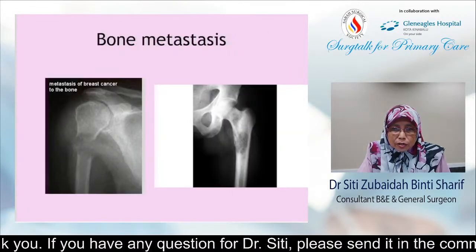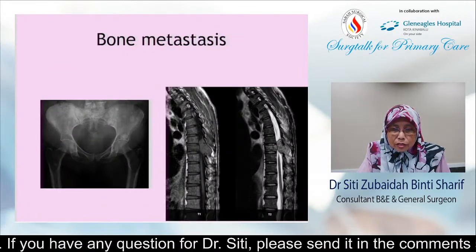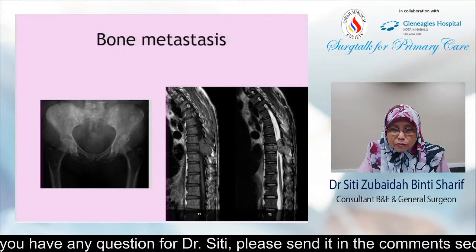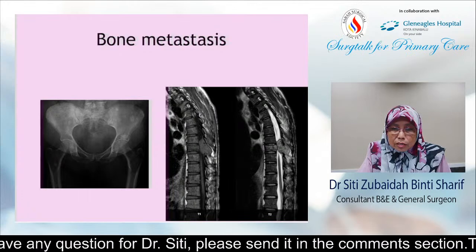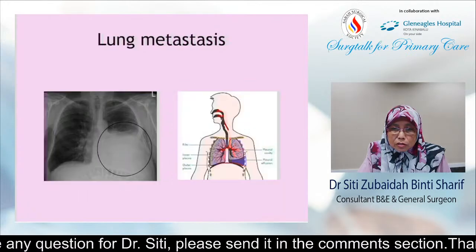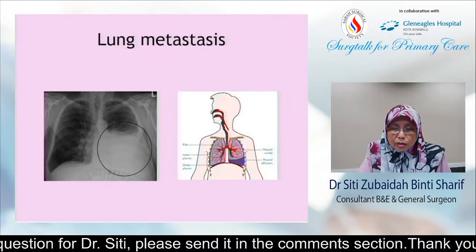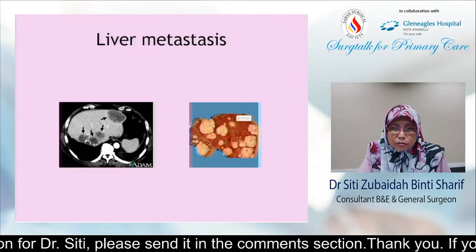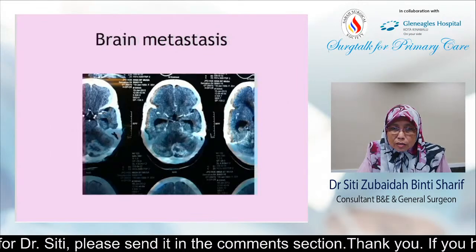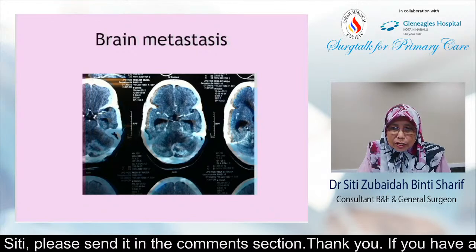Patient can come with bone pain and fracture, and if spread to the spine, patient can present with paraplegia, weakness and numbness, and they can present with shortness of breath due to pleural effusion, jaundice from liver metastasis, and headache or loss of consciousness from brain metastasis.